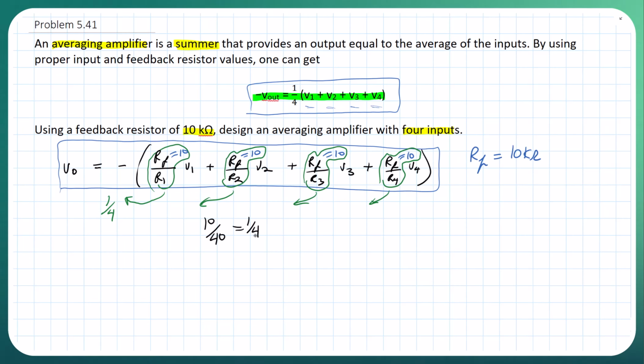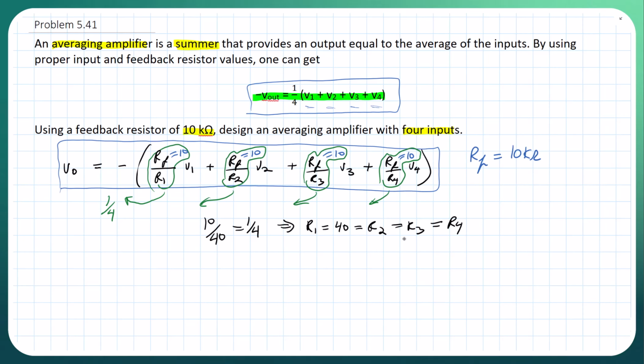So that means my R1 can be 40, which is also going to be equal to my R2, R3, and R4. So we can design our averaging op-amp to have inputs of 40 kilo ohms for all of them to get that.